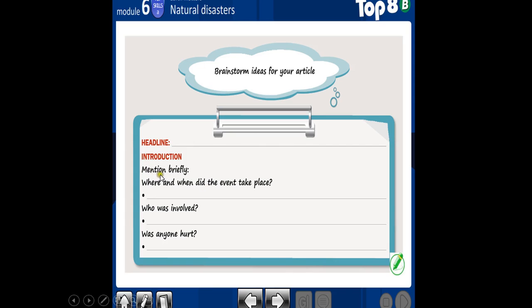Then the introduction: you mention briefly in the first paragraph where and when the event took place, who was involved, people in this city, tourists, students at school, whatever, and was anyone hurt, injuries, deaths, for example, in brief in the introduction.